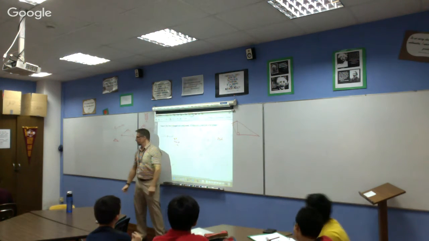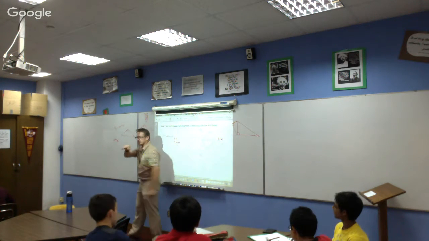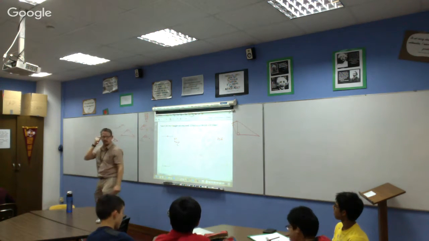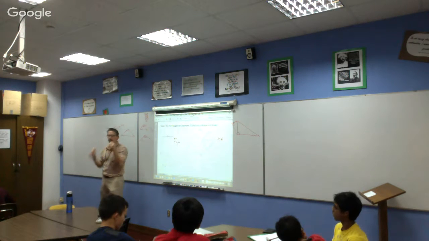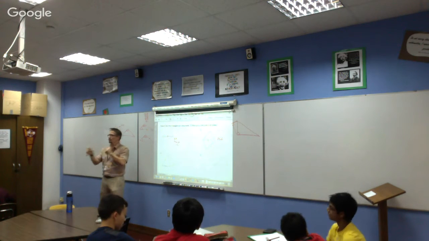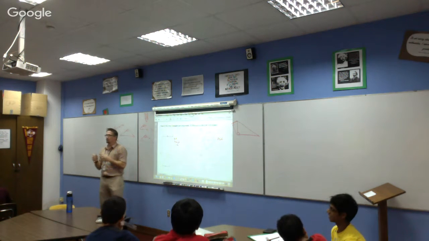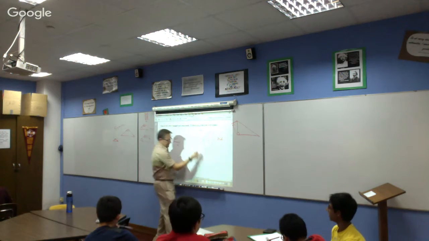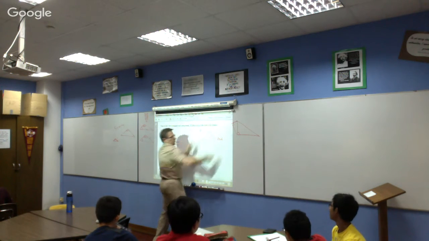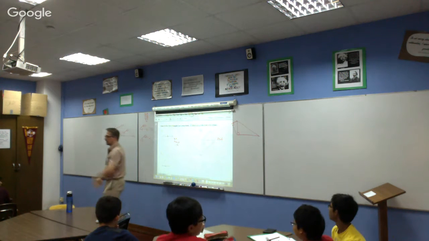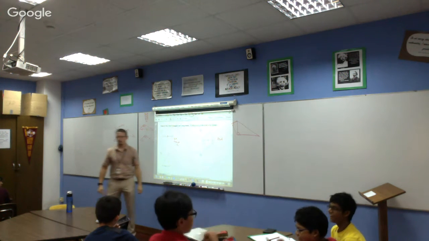So what you have to do visually, and this is where some of you with great spatial ability are going to be able to do this. Those of you who haven't used that spatial ability so much recently may struggle a little bit, but you got it. All you have to do is flip it around, turn that thing around.